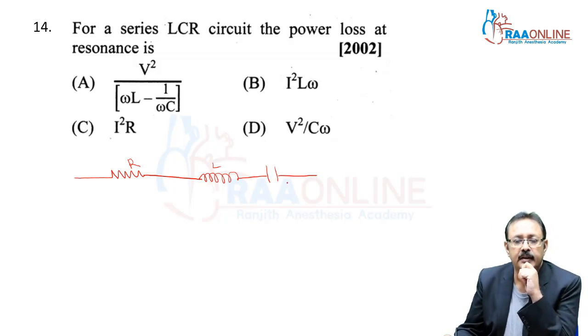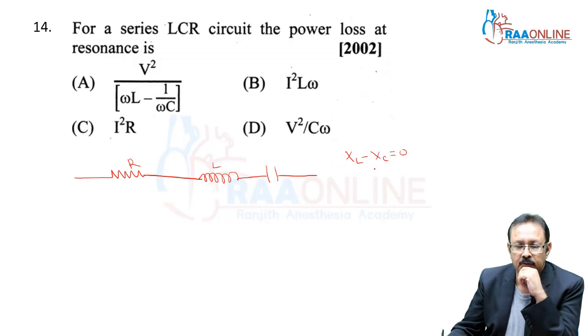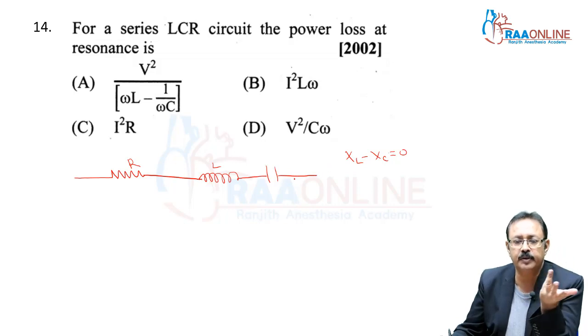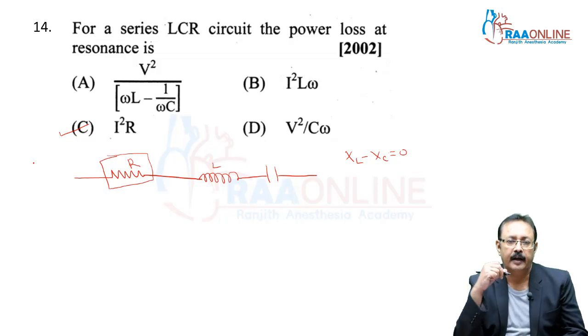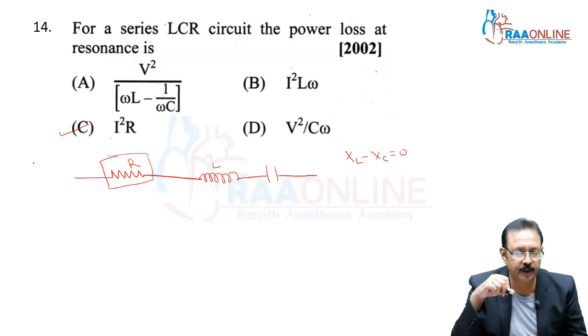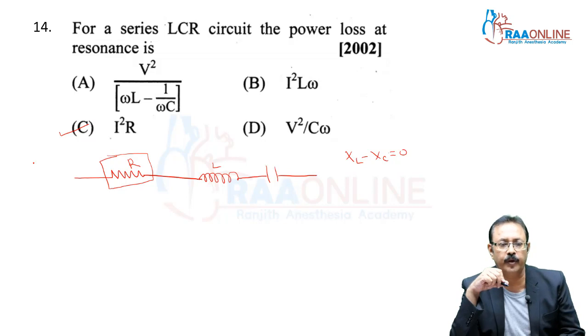It means XL and XC are equal, and XL minus XC will become 0. So voltage 0 means total current 0 in L and C. So power loss is only in resistance, so it should be I square R. No power consumption in L and C at the time of resonance. So power consumption only in resistance. So we are going with option C.